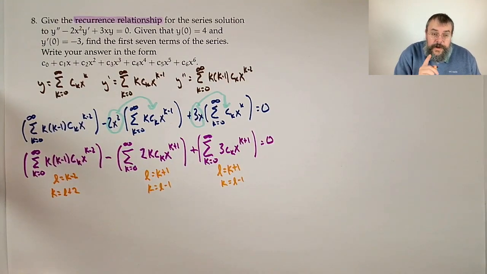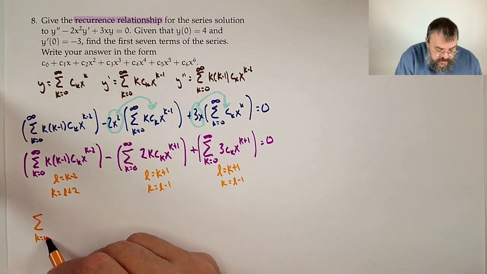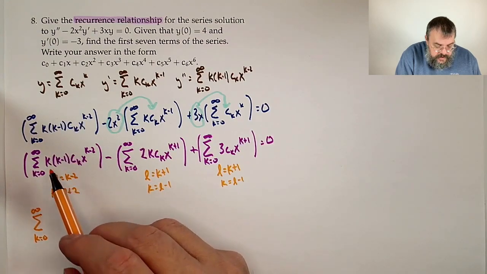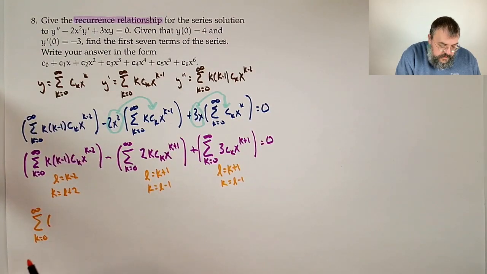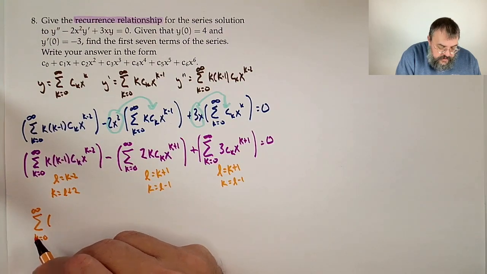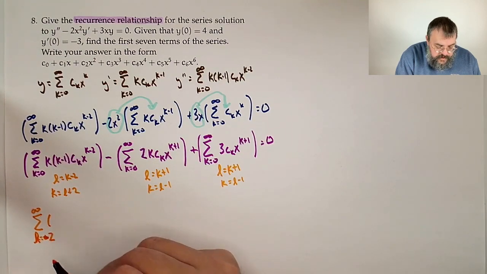All right, so on our first sum, we get the sum k equals 0 to infinity of, well, L, whoops, we're going to k. Not k, we're doing L, right? So let's see, L would equal negative 2 to infinity.